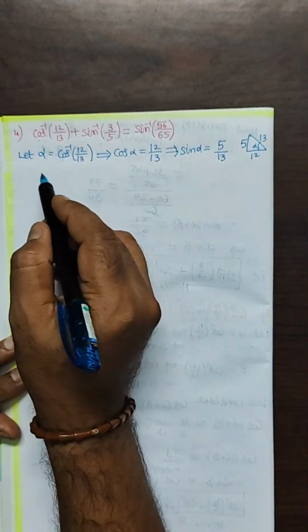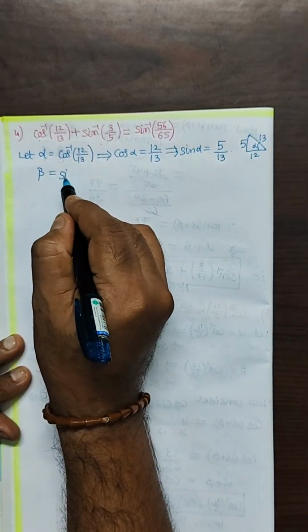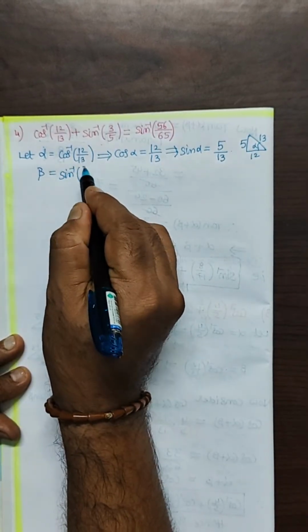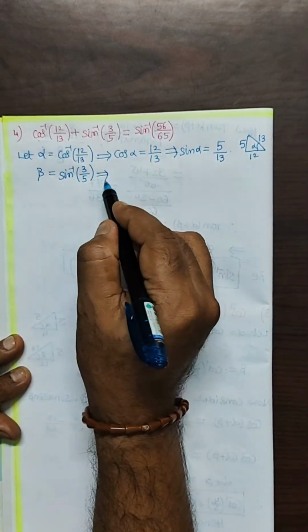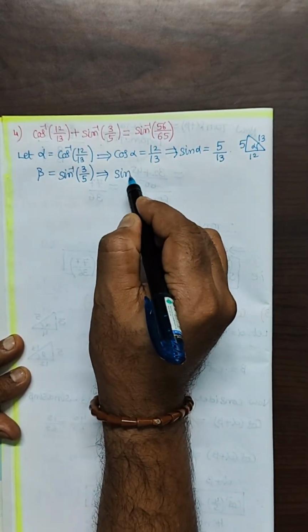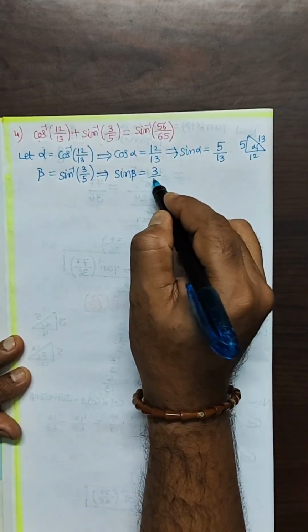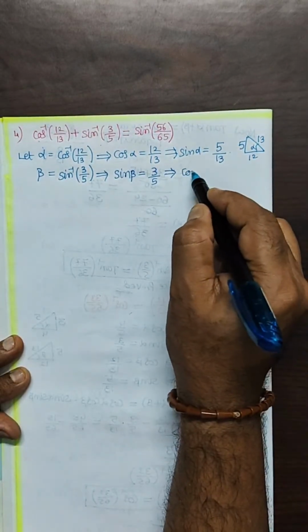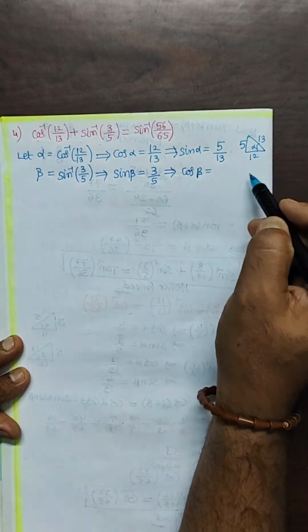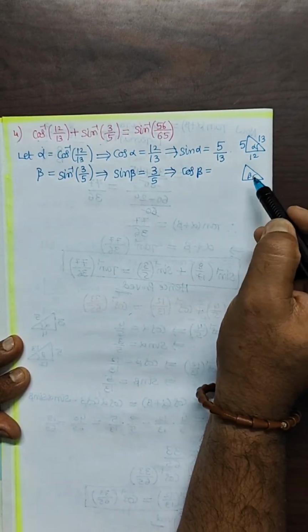This is over. Next, beta is equal to sin inverse of 3 by 5. That implies sin beta is equal to 3 by 5. Cos beta equal to, even here also you have to do the same procedure, right angle triangle, beta angle here.